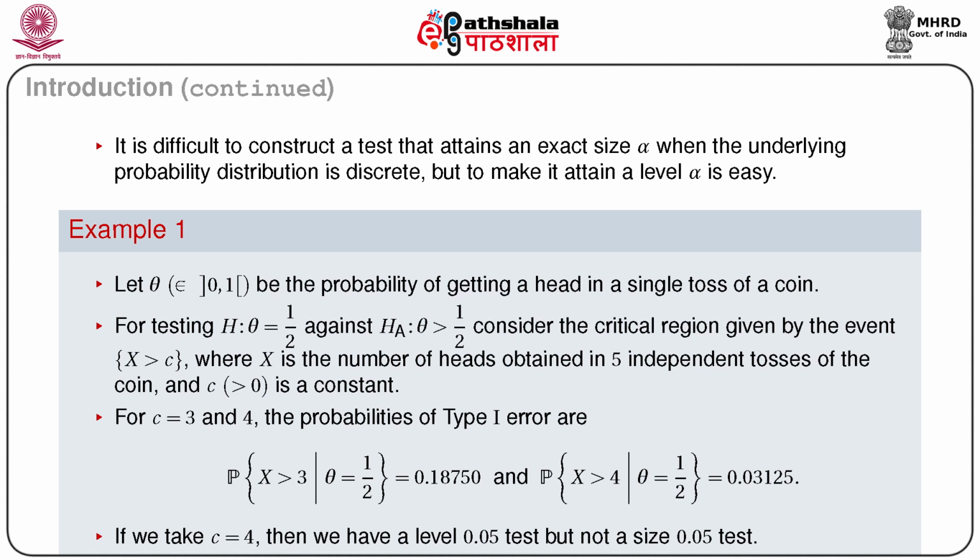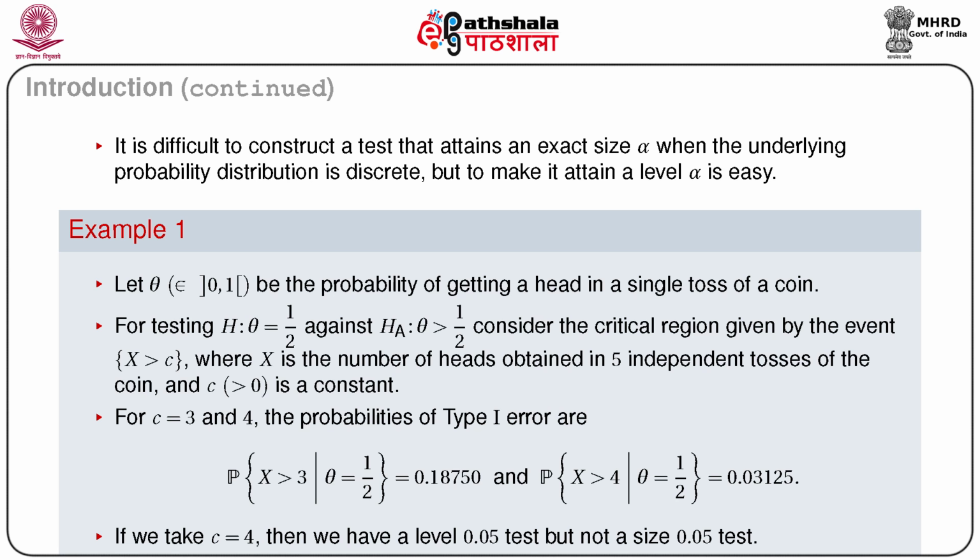Then from the table of binomial probabilities or by computing, we get the probability under H naught, X greater than 3 is equal to 0.1875, but the probability under H naught, X greater than 4 is equal to 0.03125, which is less than alpha if we set alpha equals 0.05.